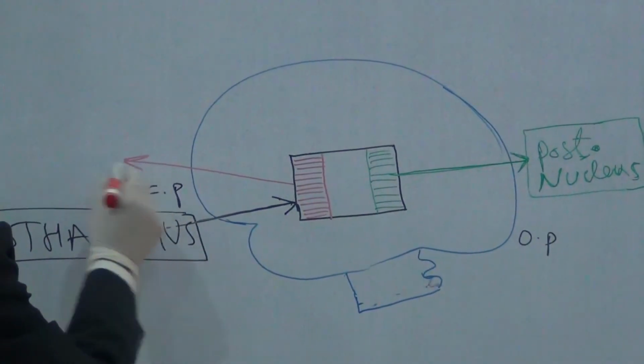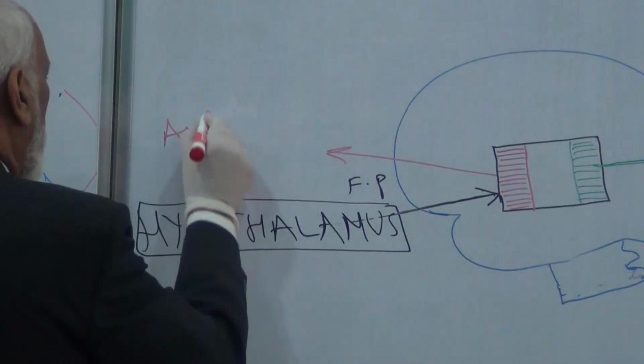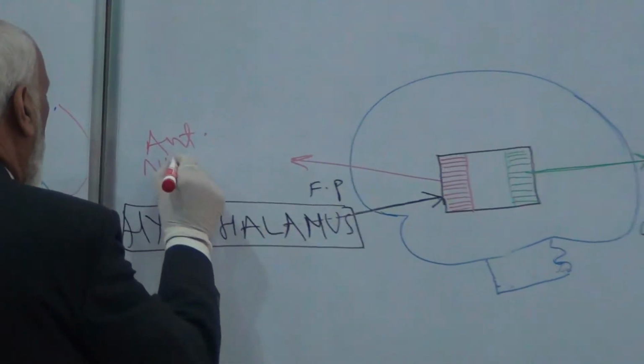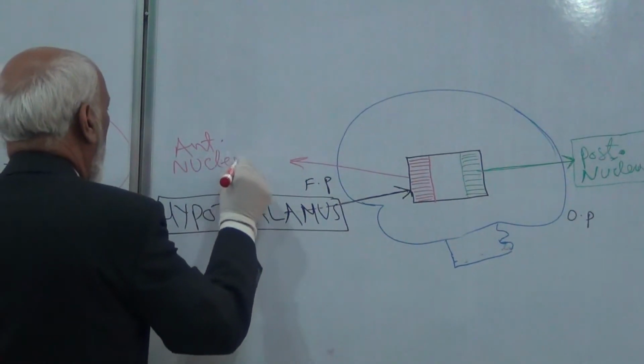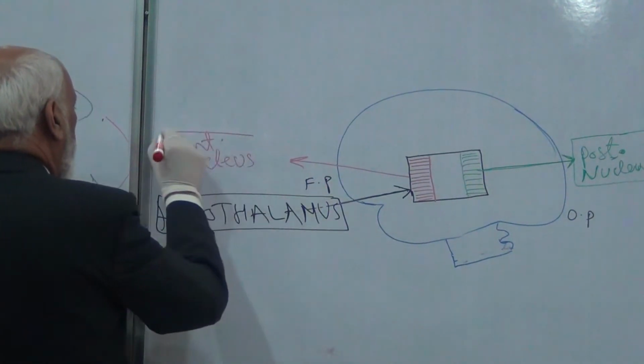And this is the anterior nucleus of hypothalamus.